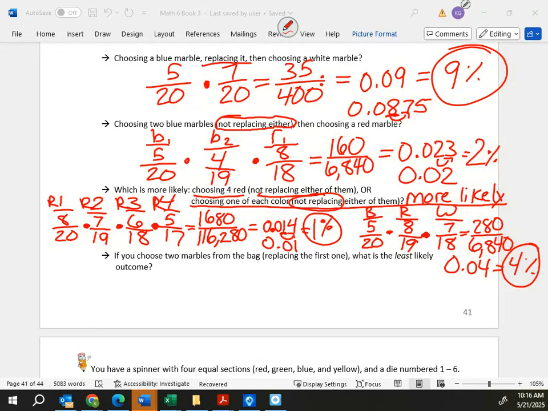If you choose 2 marbles from the bag, replacing the first one, what is the least likely outcome? Which one do you think is going to be the least likely? So this is one that we're not going to do. We're going to think it through, and then we're going to do the math.